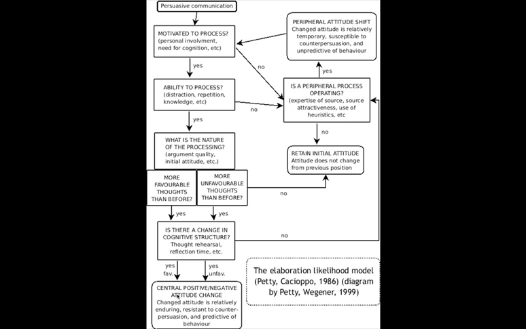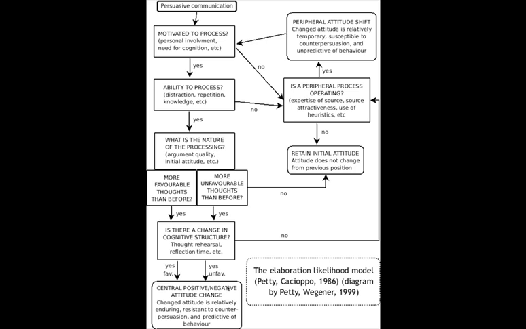Now, with that being said, this model isn't perfect, and I'm not going to duck on Petty and Cacioppo for it because I think there's a lot to be said for it.